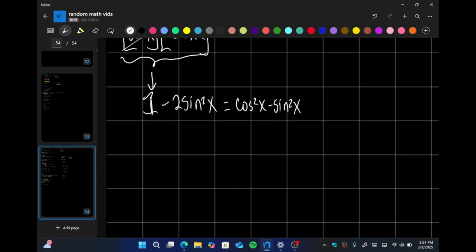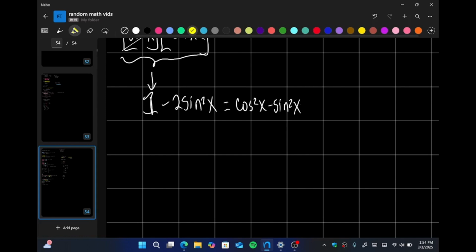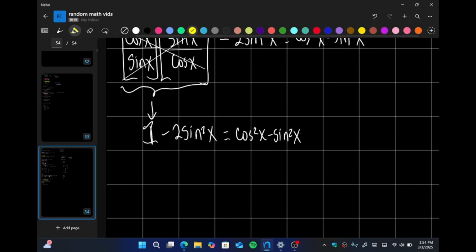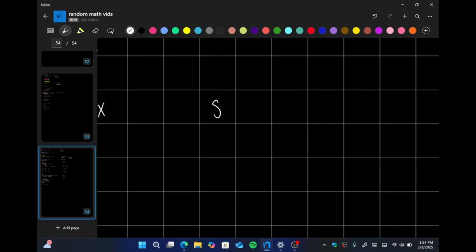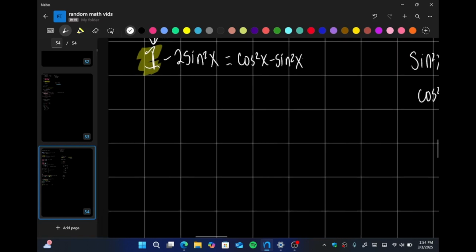One of the things I want y'all to remember is that this is going to be the Pythagorean identity, sine squared x plus cosine squared x equals 1. You could also say it as cosine squared x plus sine squared x equals 1. It doesn't matter.